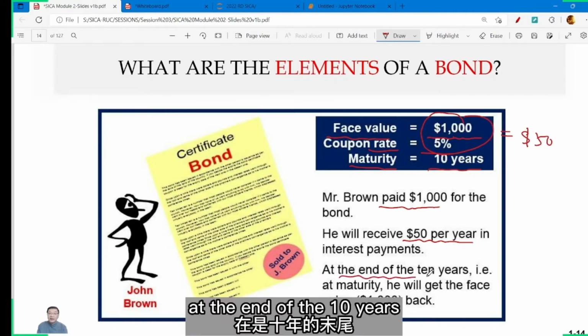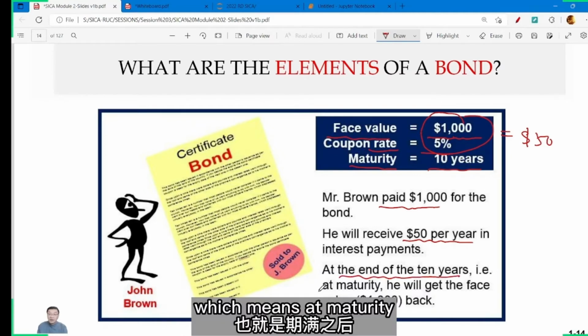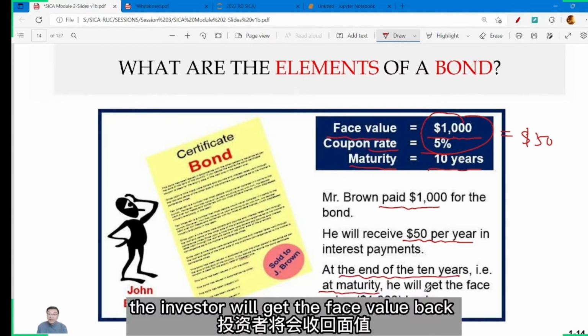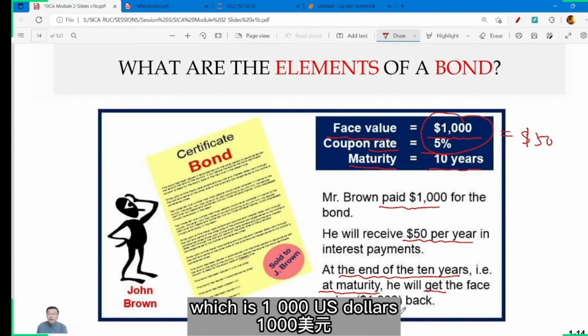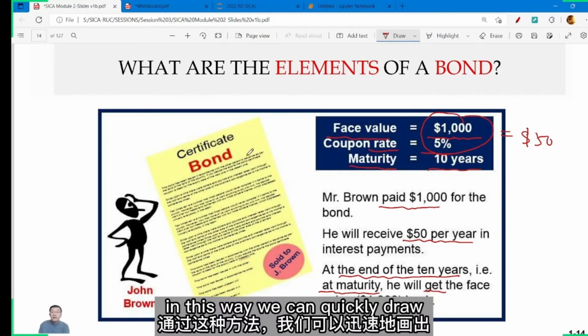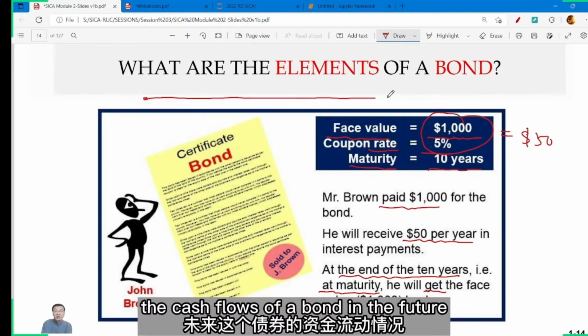At the end of the 10 years, which means at maturity, the investor will get the face value back, which is $1,000. In this way, we can quickly draw the cash flows of a bond in the future.